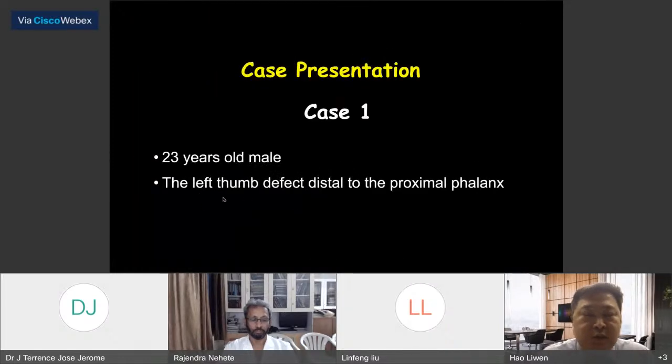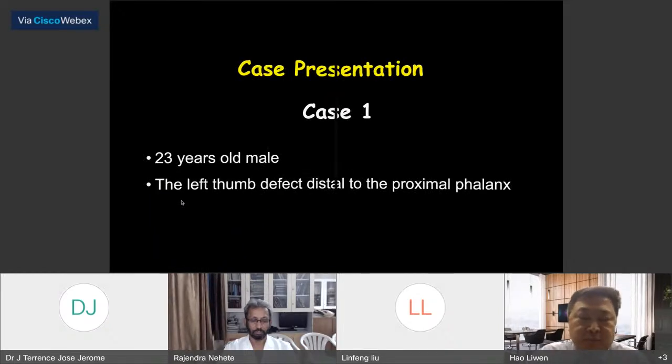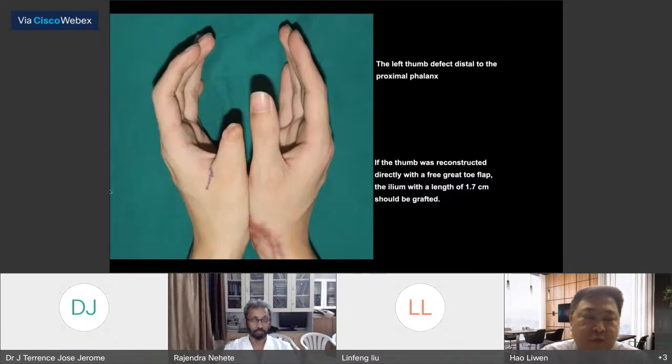The first case is a 23-year-old male with a thumb defect. This is the appearance before operation. If we reconstruct the thumb with the wraparound flap directly, we need to graft ilium about 1.7 centimeters.